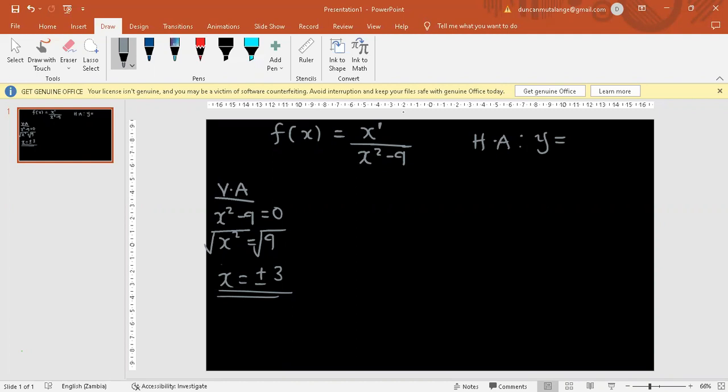We said that if n is greater than that one, the horizontal asymptote will be equal to 0. Why? Because the highest power of the bottom is greater than the highest power on the top part. So your horizontal asymptote you would have found to be 0.